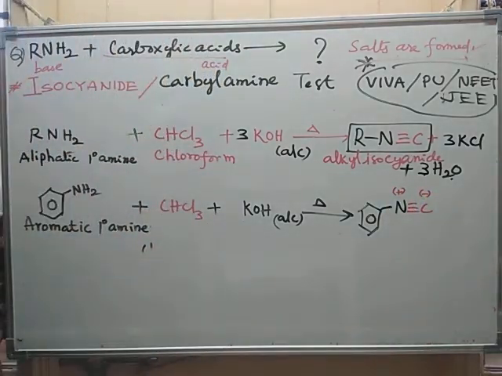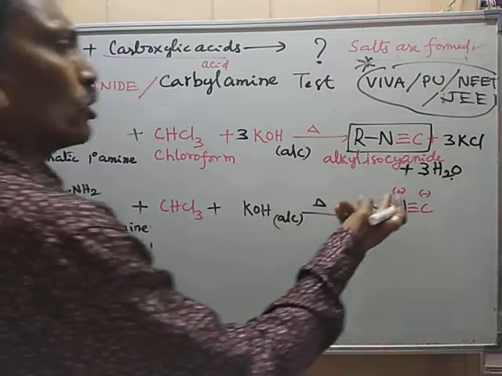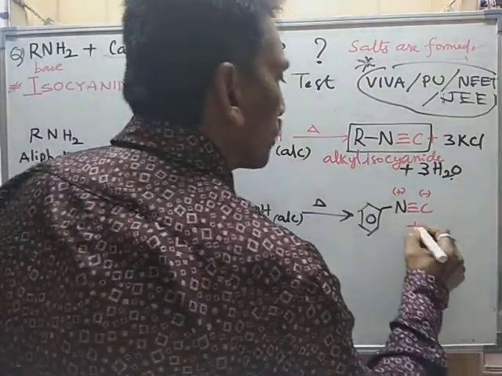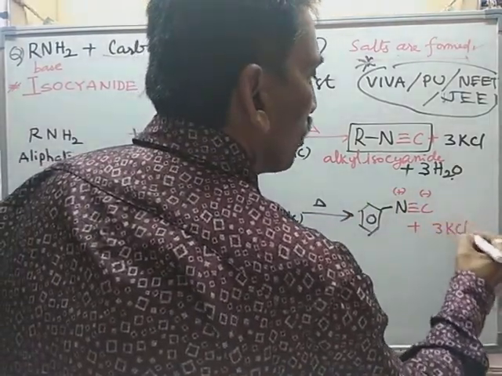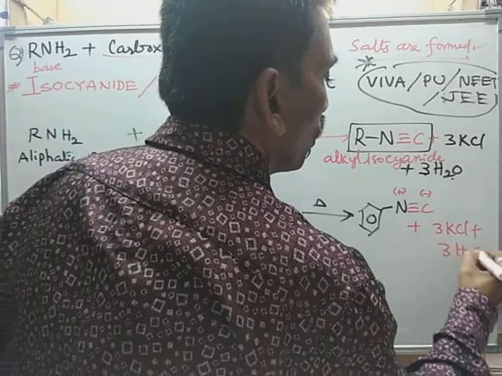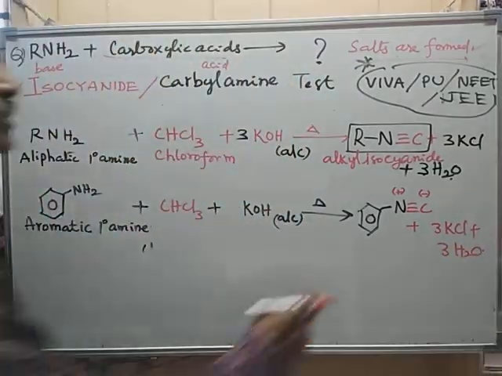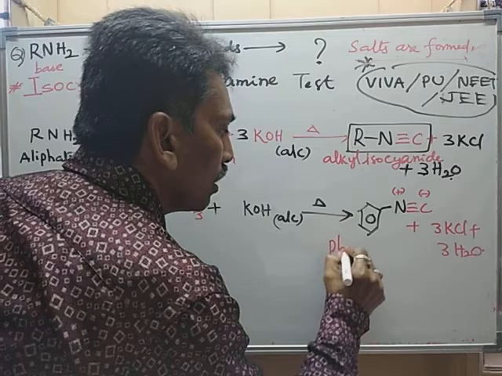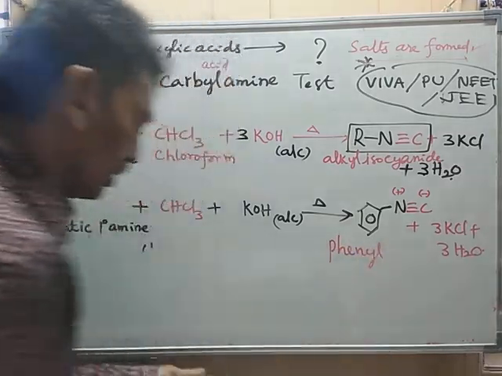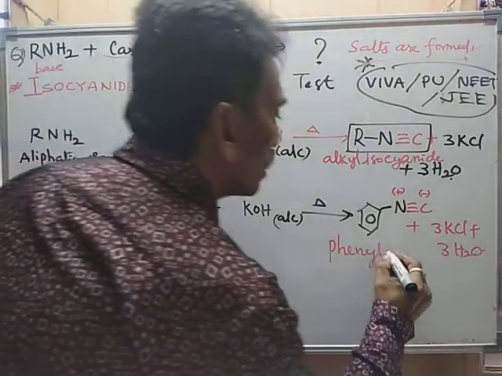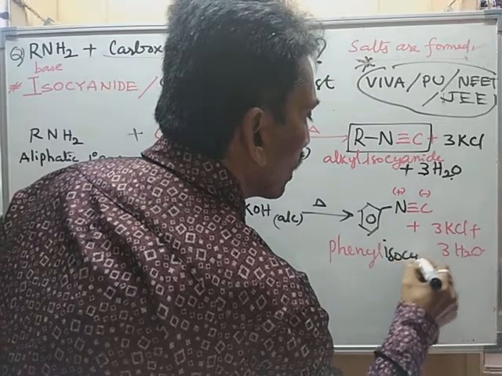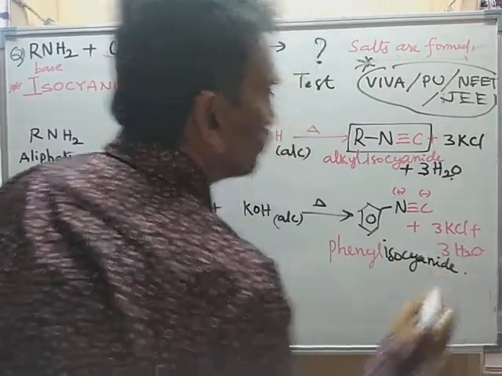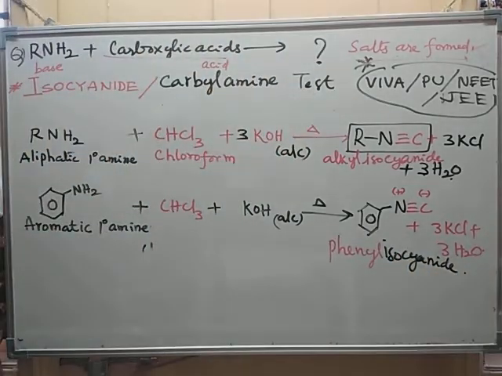This is extra information, no need to write the charges. And other products are 3 KCl plus 3 H2O. The name of this compound is phenyl isocyanide.